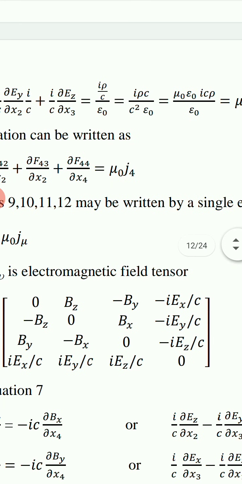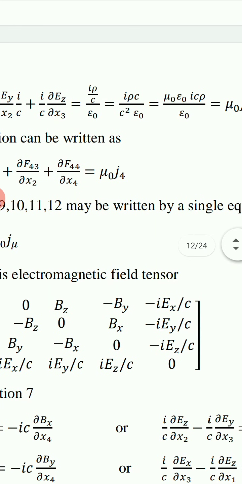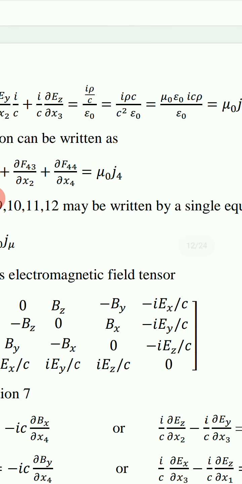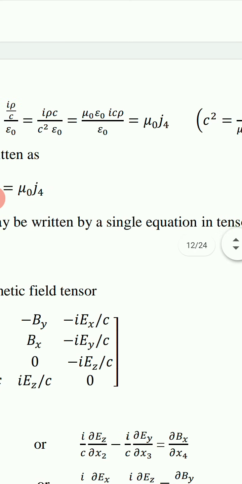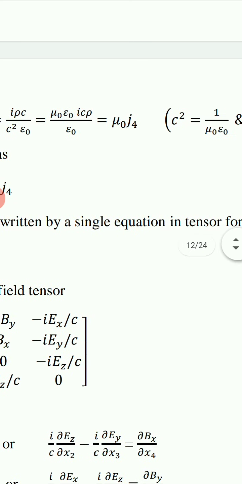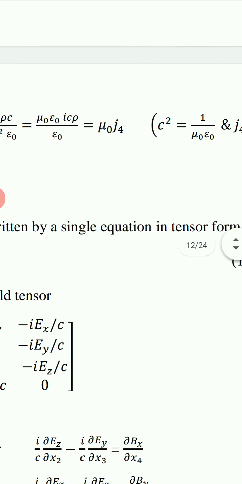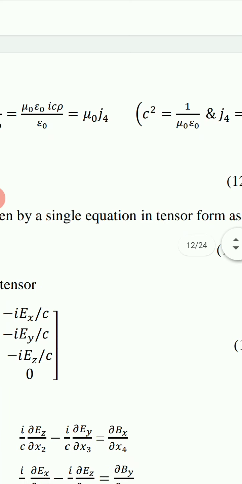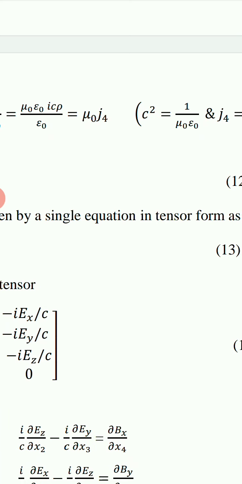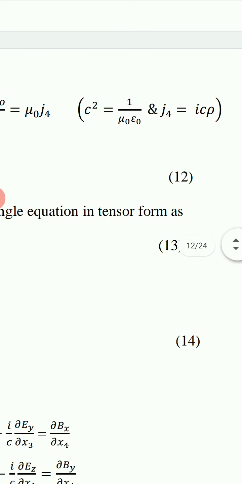The right hand side now reduces to i rho c upon c square epsilon 0, and c square is equal to 1 upon mu 0 epsilon 0. So the right hand side of this equation becomes mu 0 J4. Here we have used c square equal to 1 upon mu 0 epsilon 0, and J4 is i rho c.